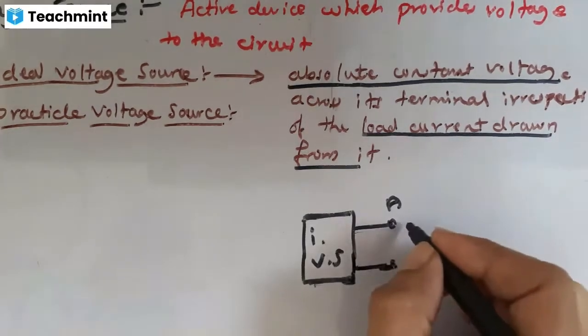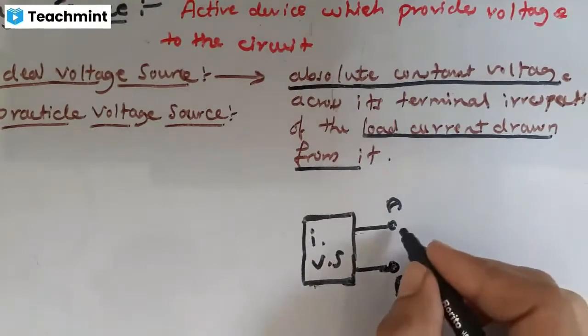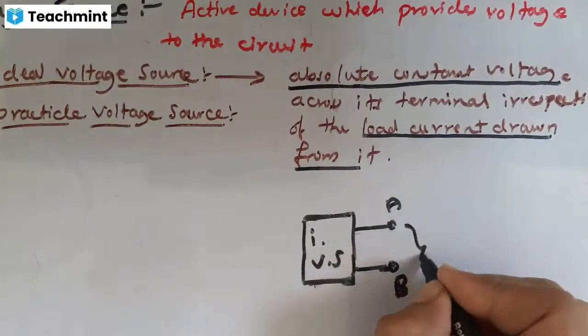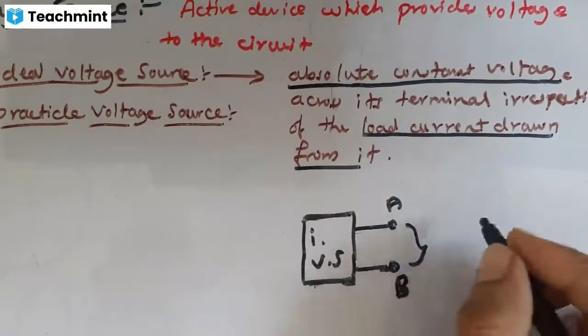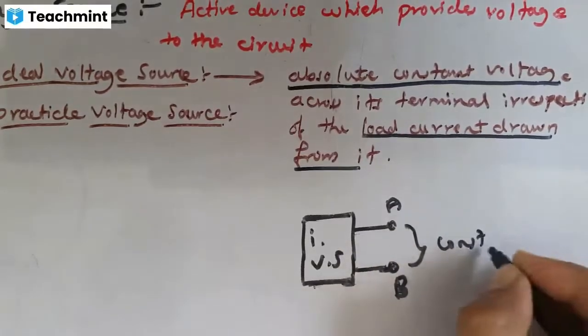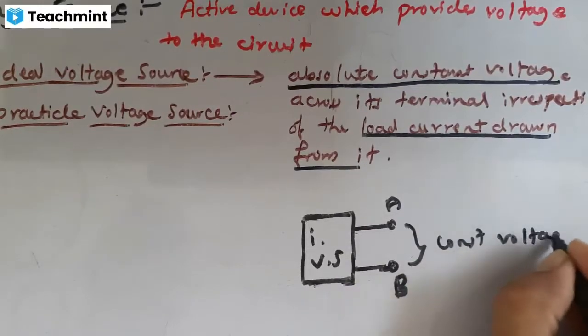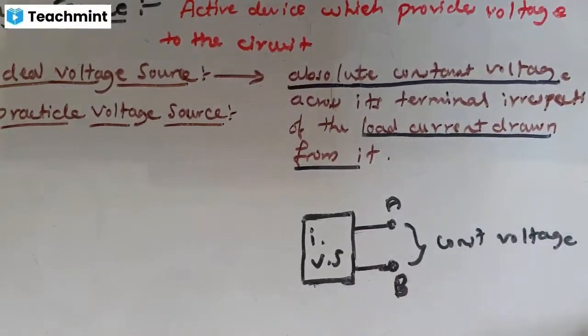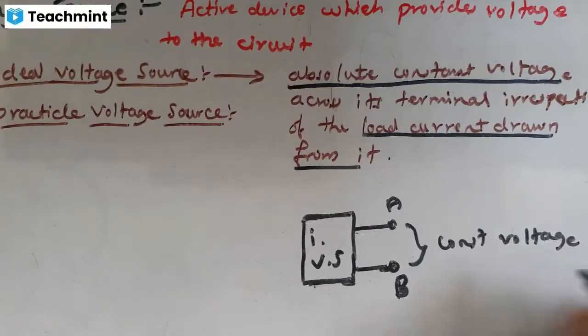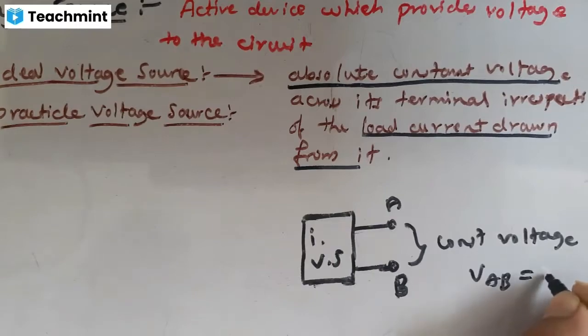What it is doing is giving you a constant voltage across these terminals, across VAB. It is giving you an absolute constant voltage across these terminals. That is what an ideal voltage source is. So the voltage across AB, if you measure, is always constant.